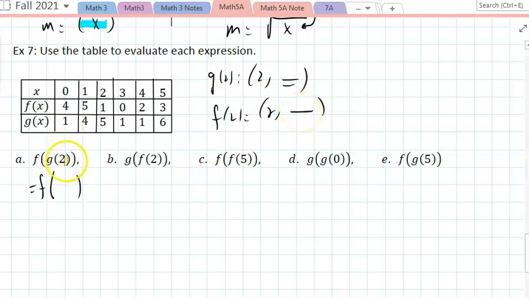So, x equal 2 is right there. I want g. G is 5. And now what this is saying, if x equal 5, what is the f value? That's a 3. So it's kind of like a game. I think of it as a game, like, matching.